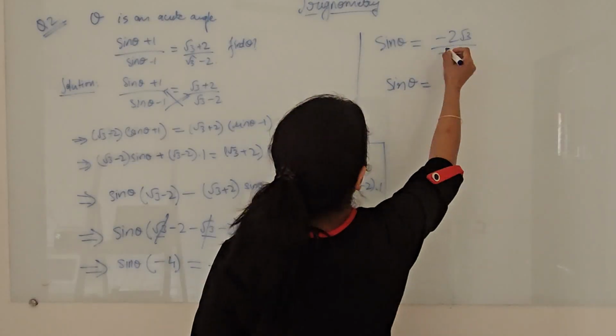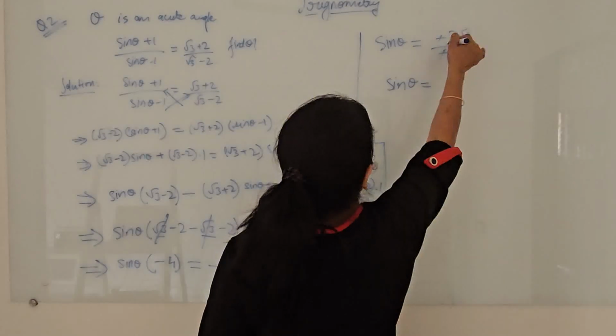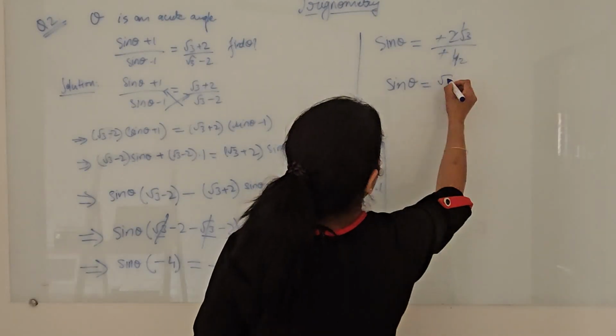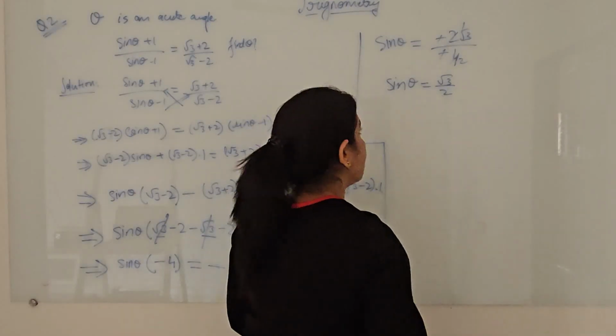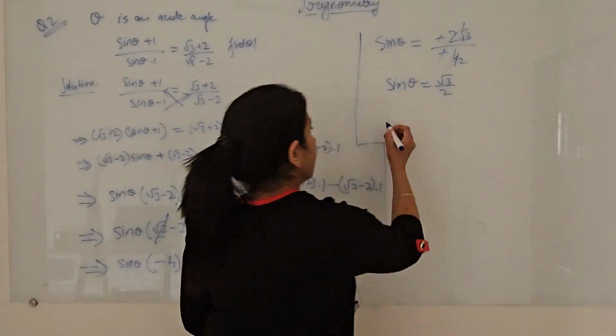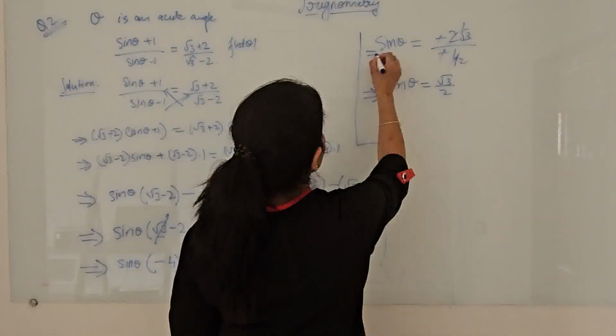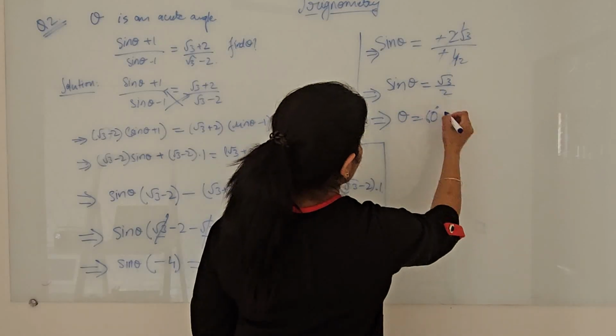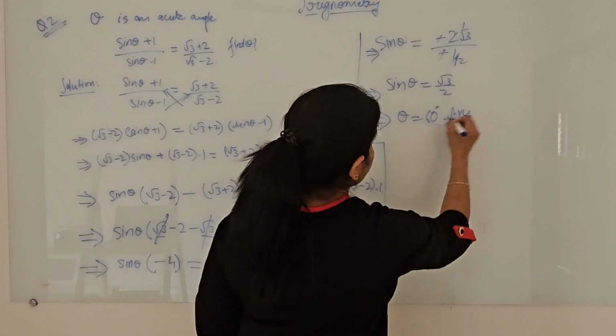Cutting out the minus and minus sign, 2 and 4 also get cut, and I am left with root 3 by 2. Now sin theta equals root 3 by 2 when theta is equal to 60 degrees, and that is my required answer.